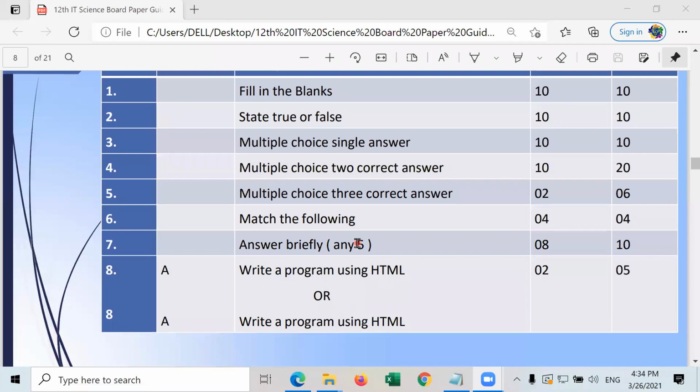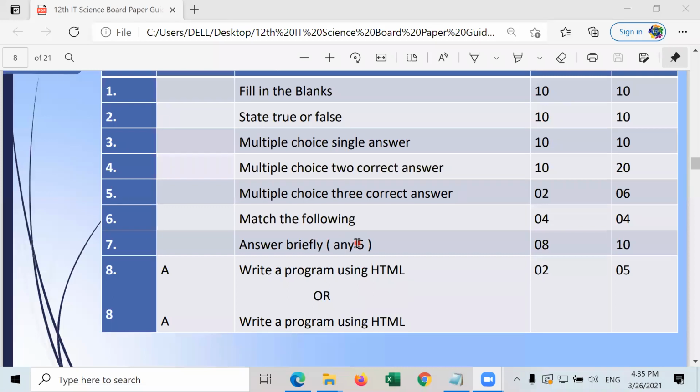Then you can write the third point as e-commerce is also called paperless exchange of business information. Fourth point you can write as there are many e-commerce companies like Amazon, Flipkart, Myntra, using which we can order and buy a product.